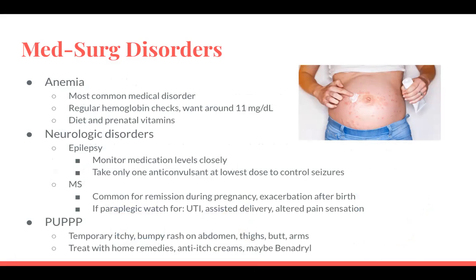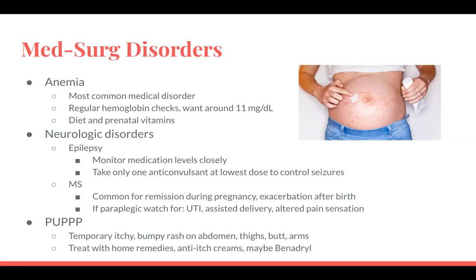Neurologic disorders, epilepsy. You don't have to know super in depth. I wouldn't focus more on it than anemia, but you do want to monitor medication levels closely to watch out for toxicity, and if they have too low a dose, they can experience more seizures as a result. And then let's see, MS, common for remission during pregnancy and then exacerbation after the birth.